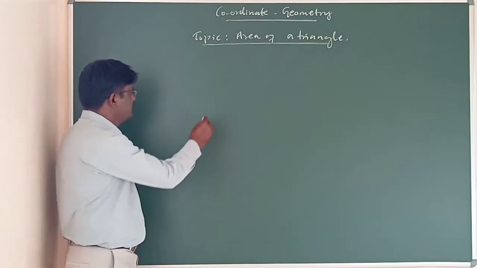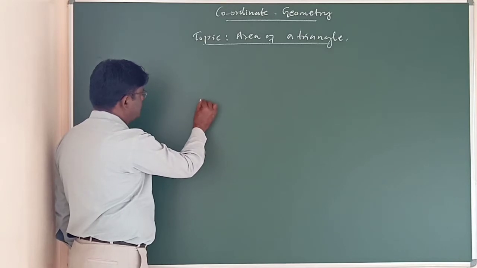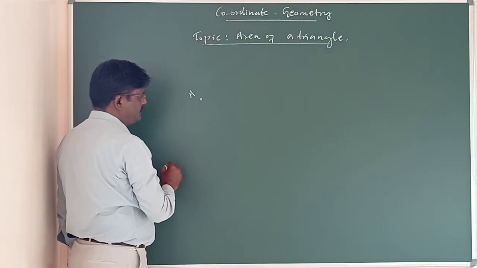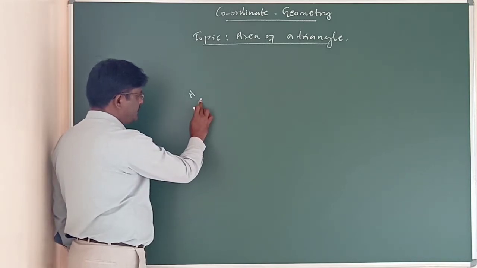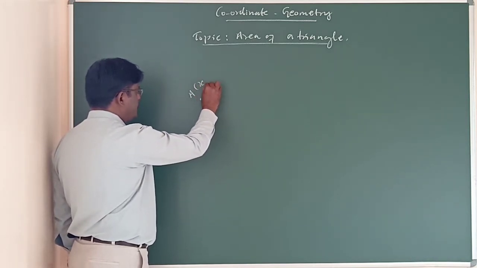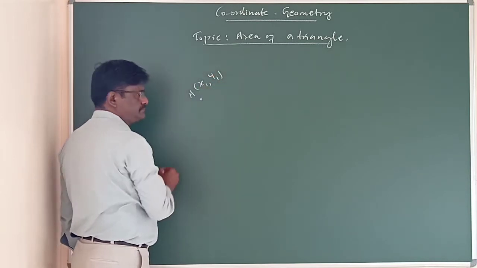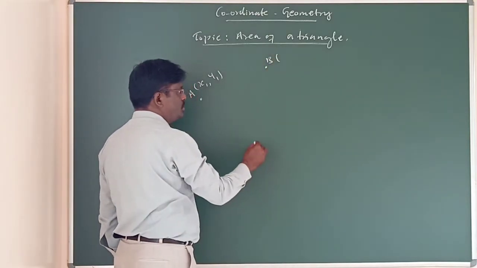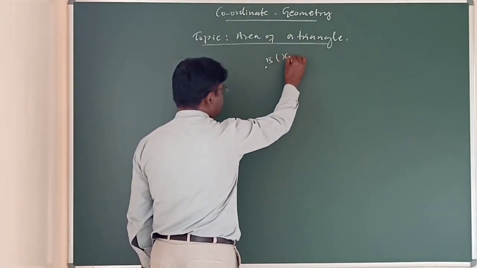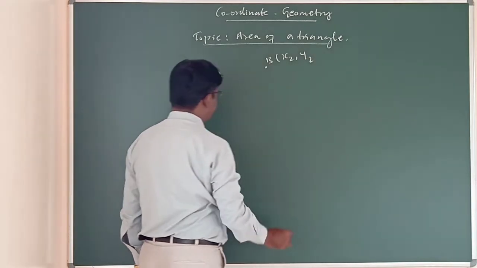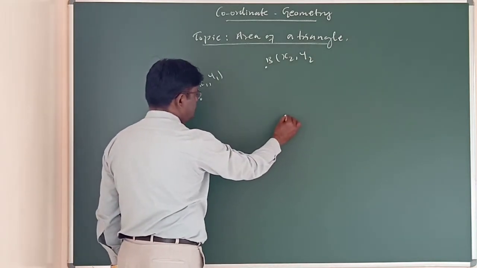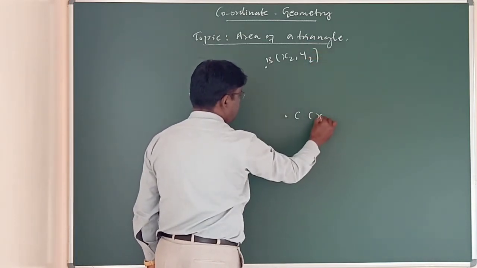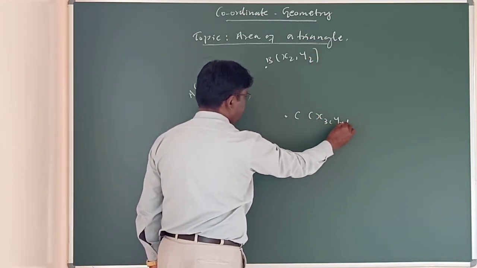Just consider three points, the vertices of a triangle. Vertex A has coordinates x1, y1, vertex B has coordinates x2, y2, and another vertex C has coordinates x3, y3.